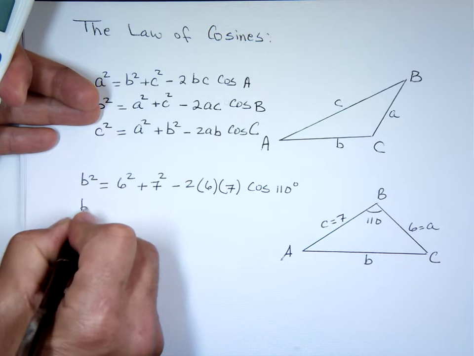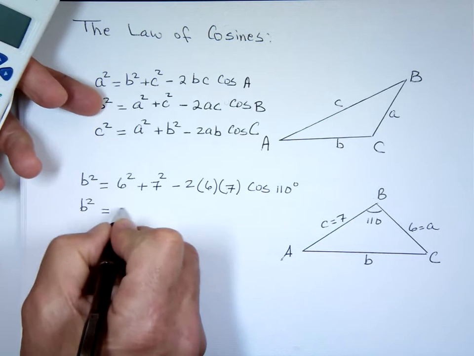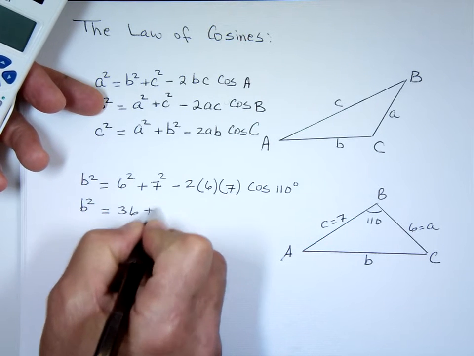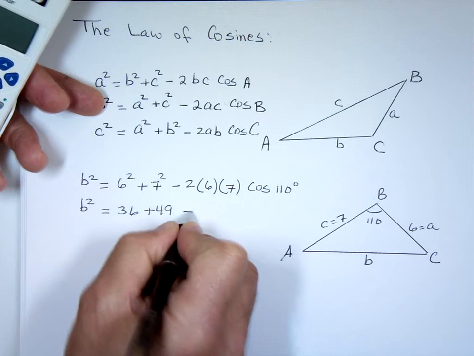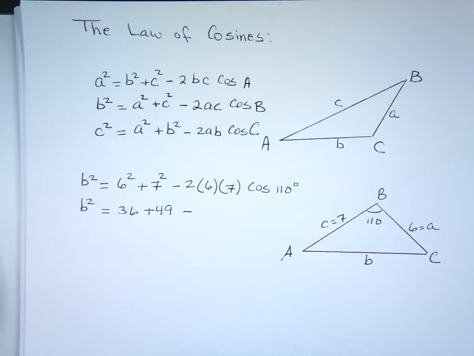B squared equals 36 plus 49 minus, what's that number? Let's see what that number is. 2 times 6 times 7 times cosine 110 degrees.